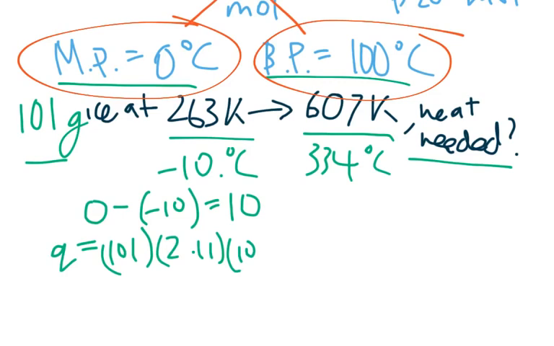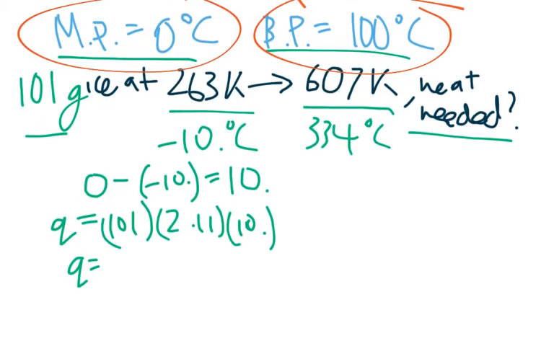And let's actually put a point there, because we got to keep track of our sig figs. So when we do that, let's type this into a calculator. 101 times 2.11 times 10. We get that the change in heat is going to be about, 3 sig figs, so 2.13 times 10 to the third joules.